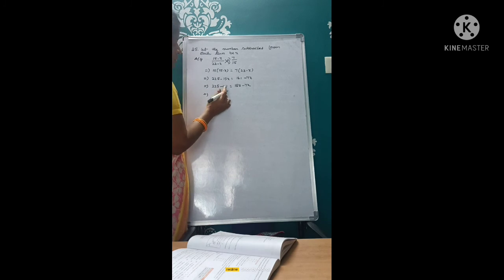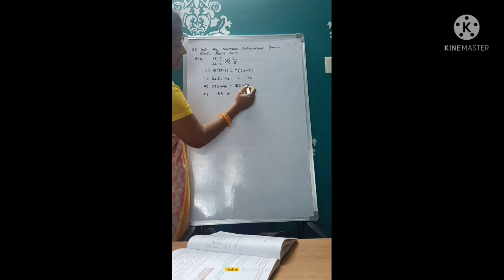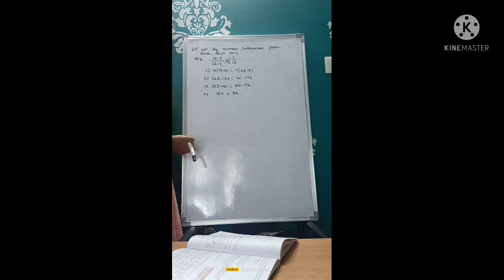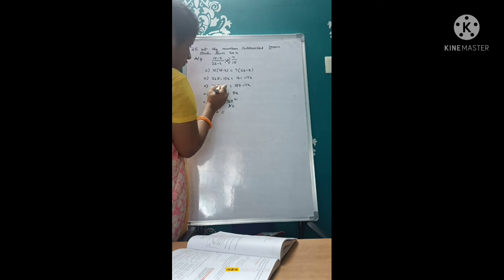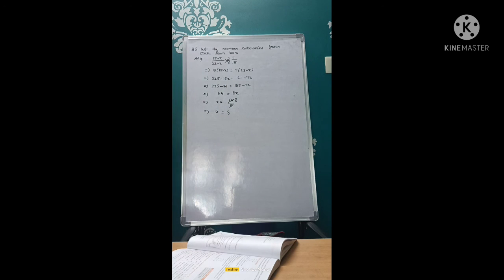So subtract now. 5 minus 1 is 4, 12 minus 6 is 6. Sorry, here 64 only. 15x minus 7x means 8x. x equals 64 by 8. 8 8s are 64. x equals 8.